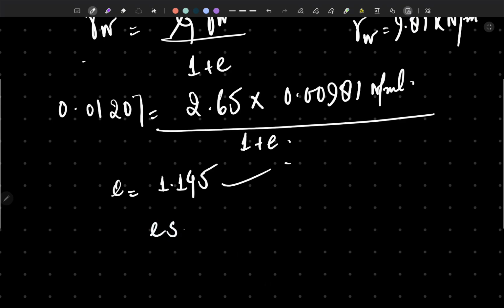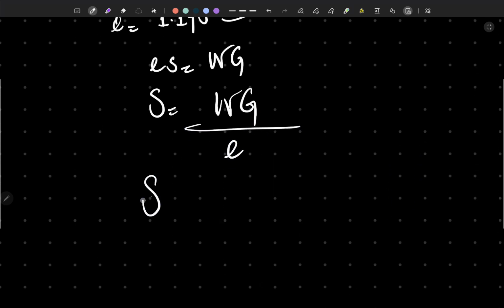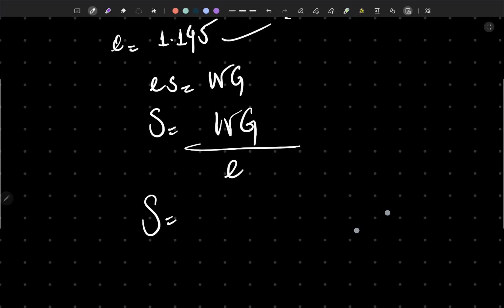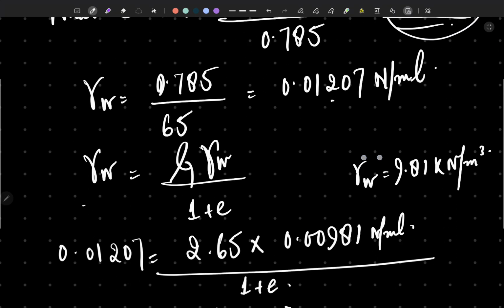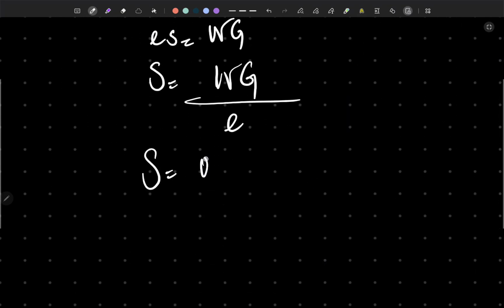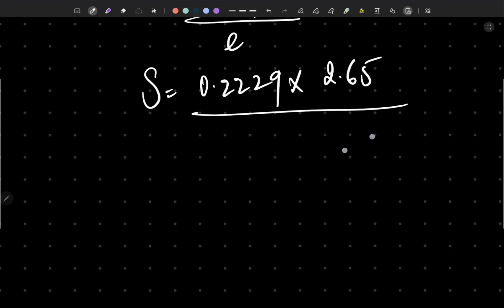Now we'll be using this relation ES is WG and we'll be finding the degree of saturation as the question demands. So S is WG divided by E. So S is water content 22.29%, specific gravity 2.65, void ratio 1.145.